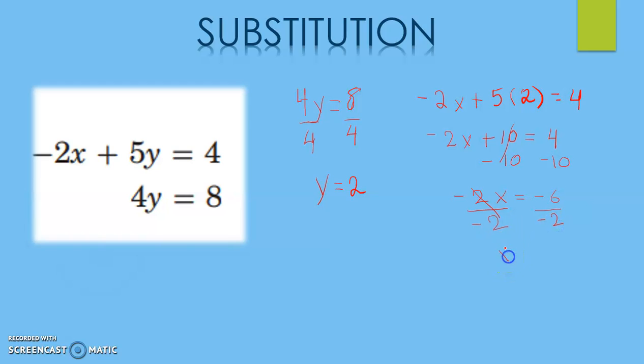X is equal to negative 6 divided by negative 2, which is a positive 3. Okay, so that represents the solution point. And many teachers will require that you write your answer as a coordinate point. So x is 3 and y is 2. Okay, so that is an example of substitution.